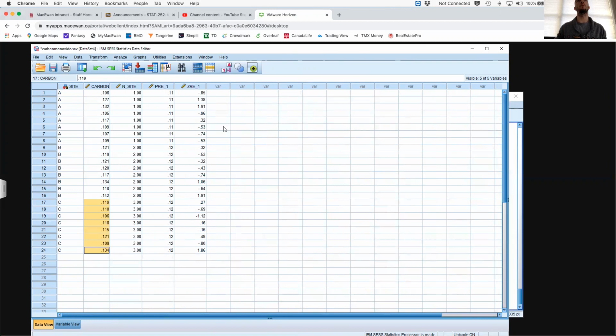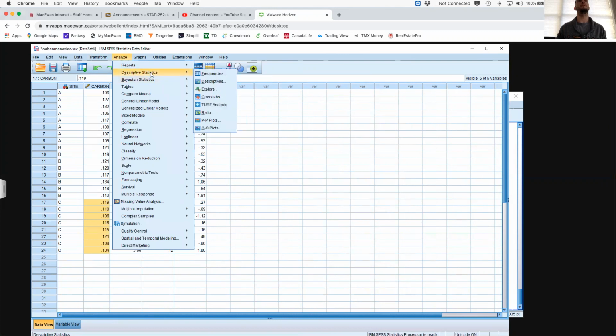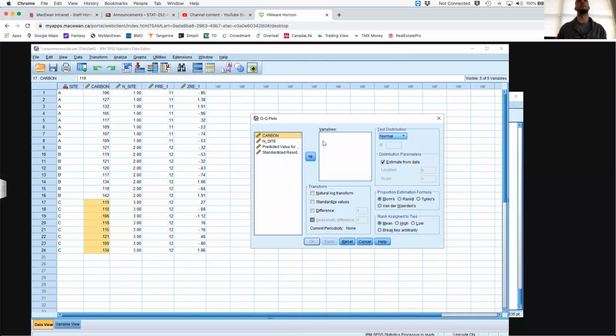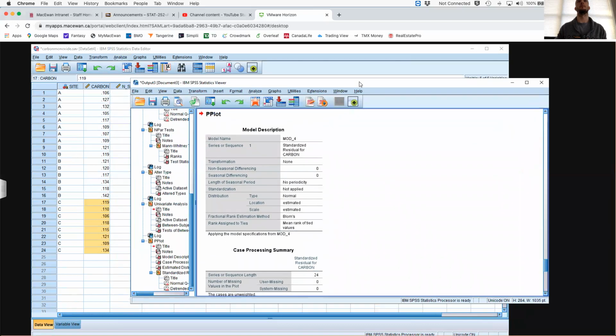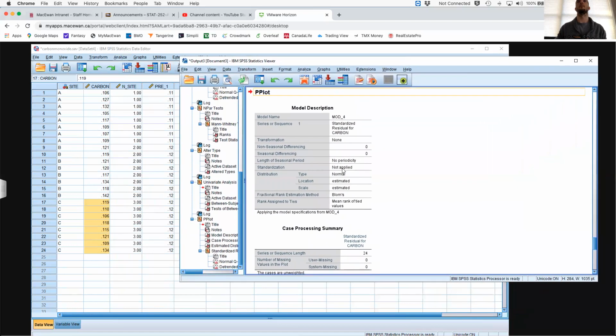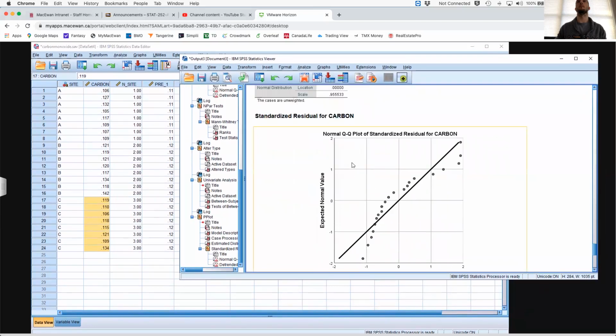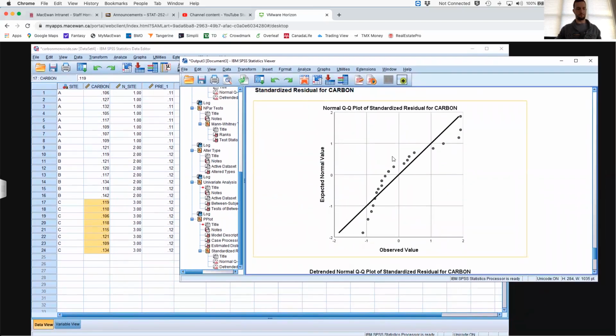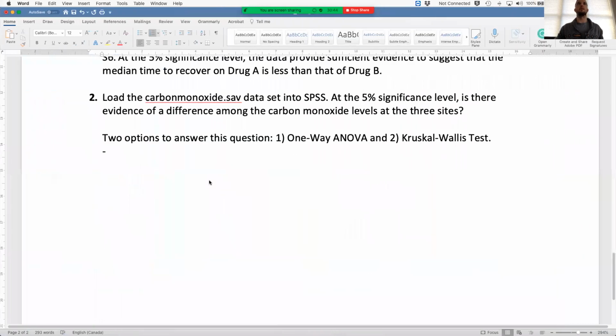All right, now what I'm going to do is I am going to build a QQ plot of the residual terms. All right, so here's my QQ plot. So from this QQ plot, what we can see is that we have a deviation from normality, right?